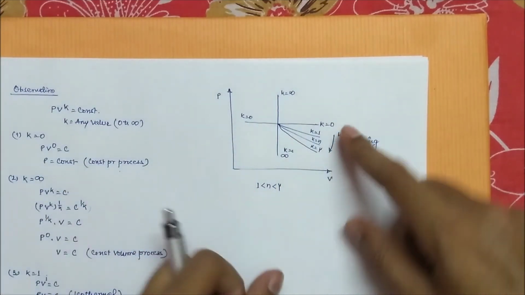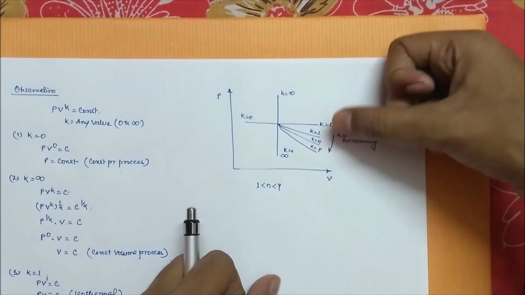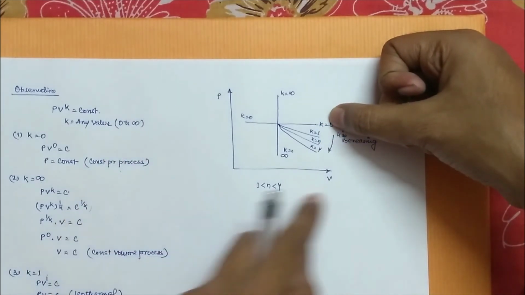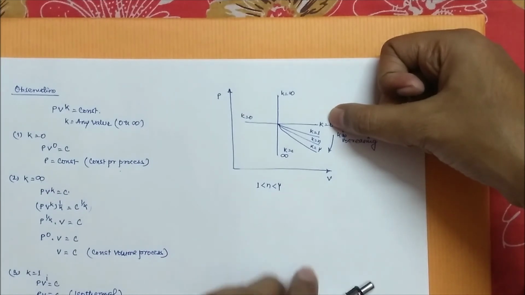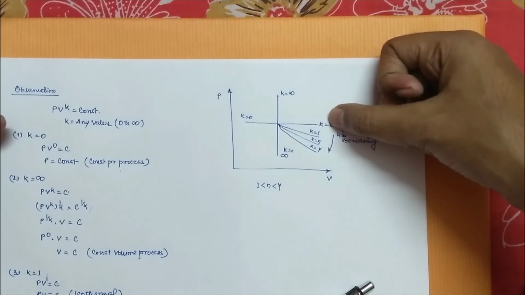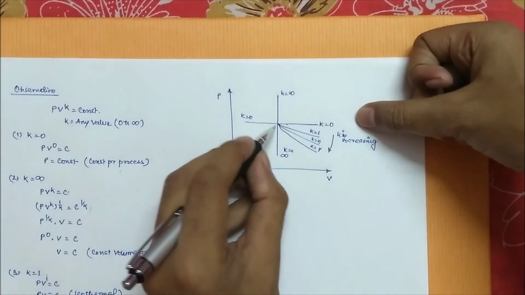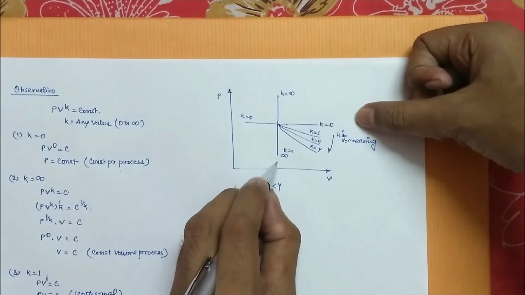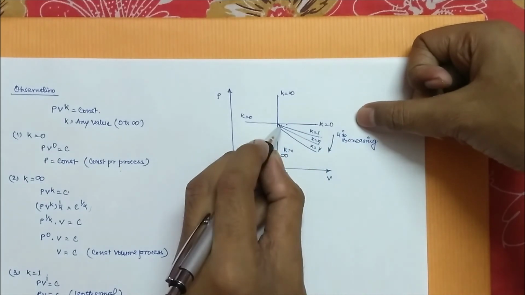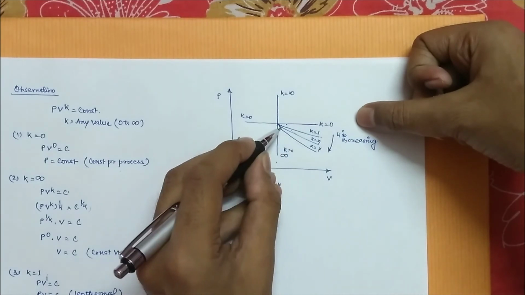So the value of n will be in between 1 and gamma. And in this plot we can see all these 5 processes in one place. See, this is a constant pressure process, it's a constant volume process. This is an isothermal process, this is a polytropic process, and this is an adiabatic process.